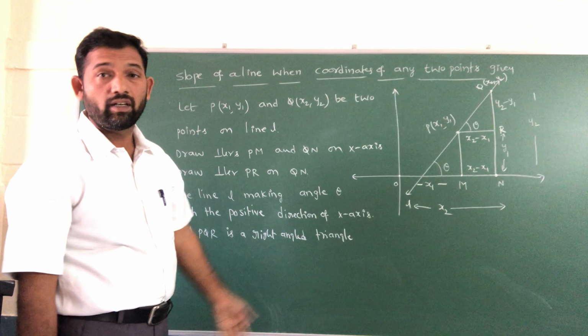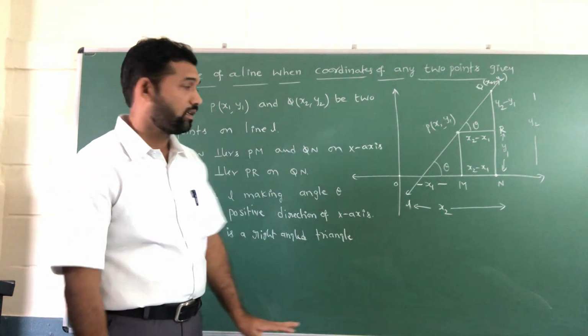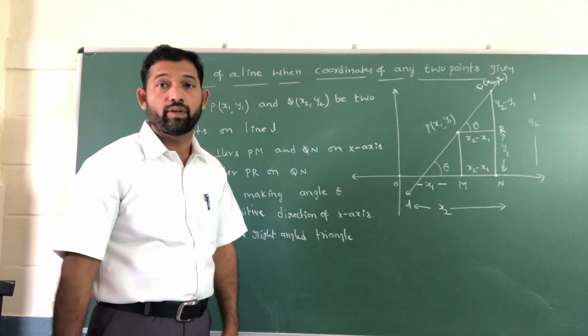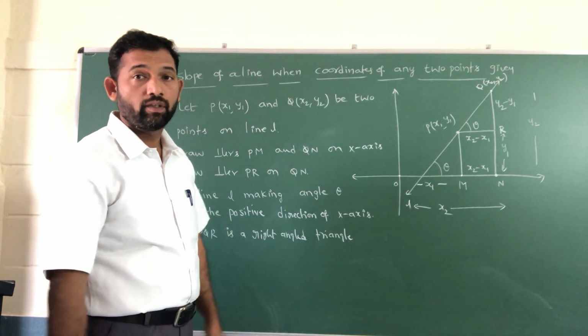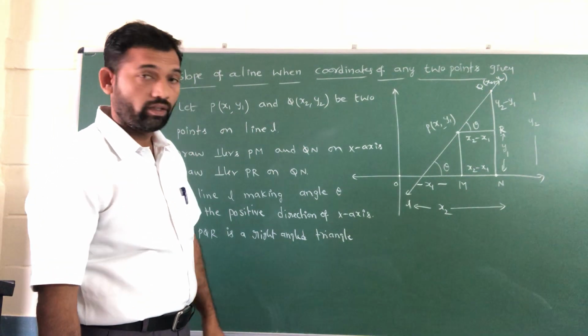I am not writing all the distances; by seeing this diagram you can understand. If I substituted all the points it would become very lengthy, so I am not substituting all the points. Just take this down.